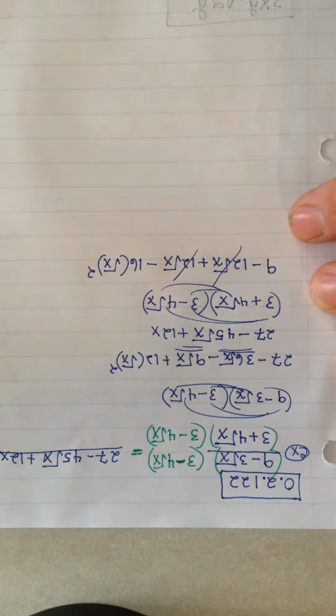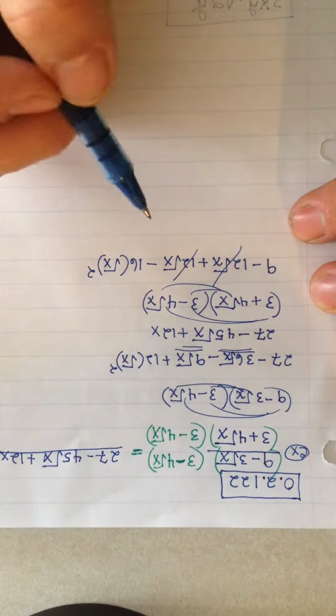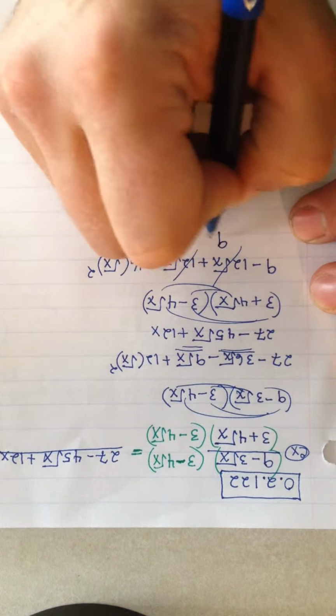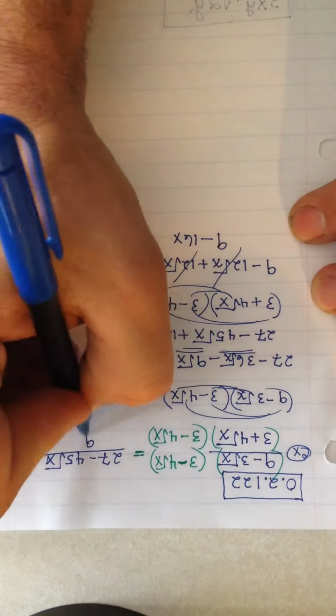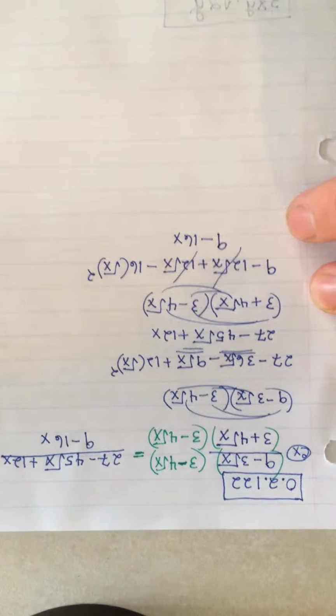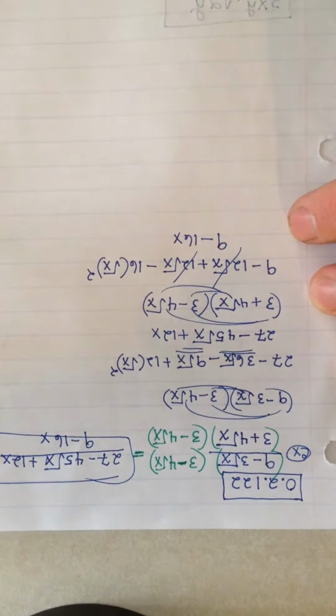Well, our like terms here, remember a like term is same root, same radicand. Like terms drop out, leaving me with 9 minus 16 times x. I cannot factor or simplify this anymore, so that would be my final answer.